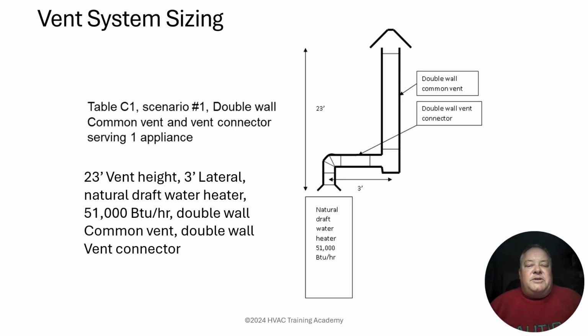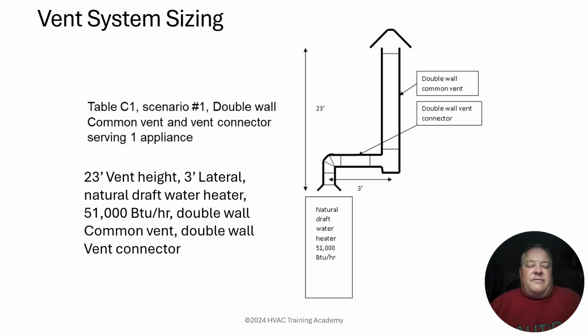Okay, on this particular example, you can see by the diagram here, I have one appliance. It is completely double wall or B vent from the actual exhaust point of the appliance, or where the draft hood is located, all the way to the termination point above the roof line. You can see I've got them labeled there. If they're thicker lines, that usually means I've got double wall vent, common vent, and double wall vent connectors.